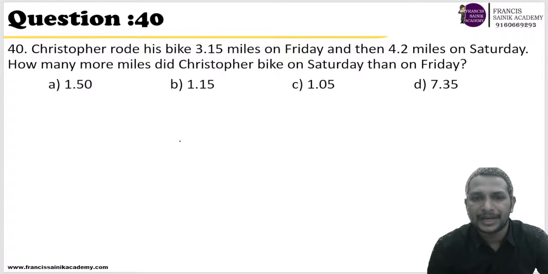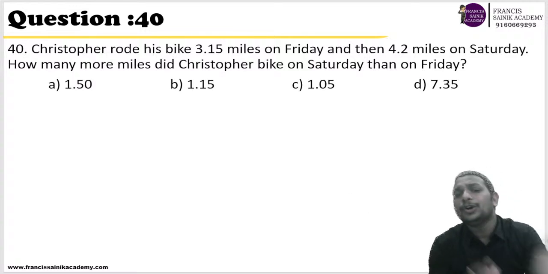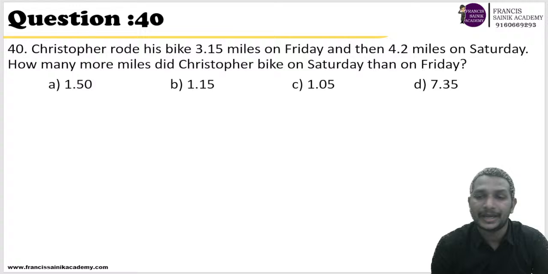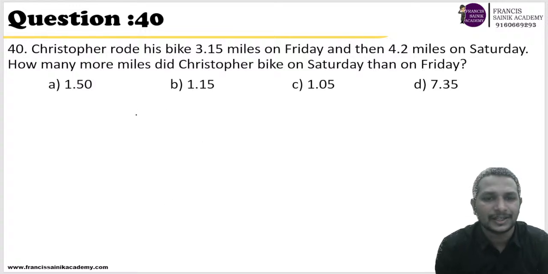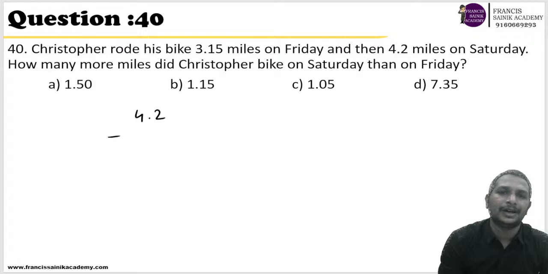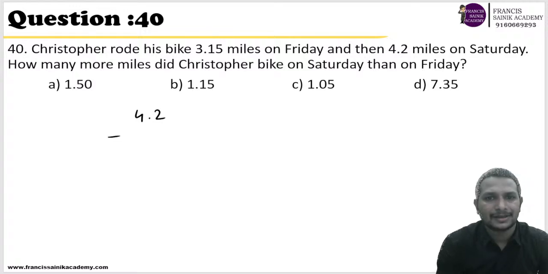Christopher biked 3.15 miles on Friday and then 4.2 miles on Saturday. How many more miles did Christopher bike on Saturday than on Friday? That's nothing but the difference, right? For example, if you got 25 marks and your friend got 40 marks, how many more marks did he get? Difference, right?